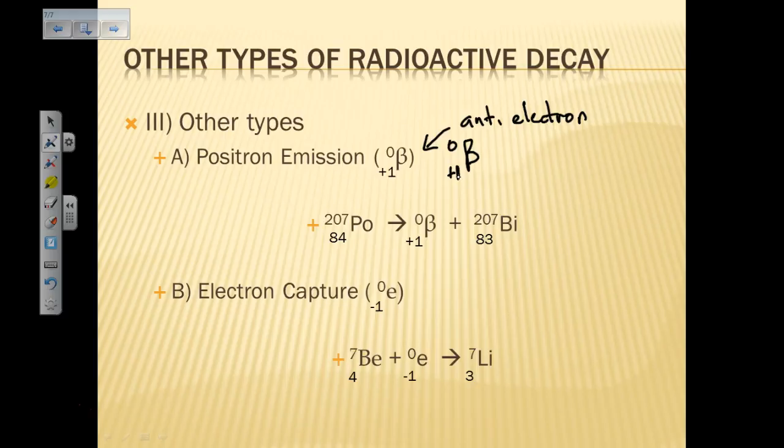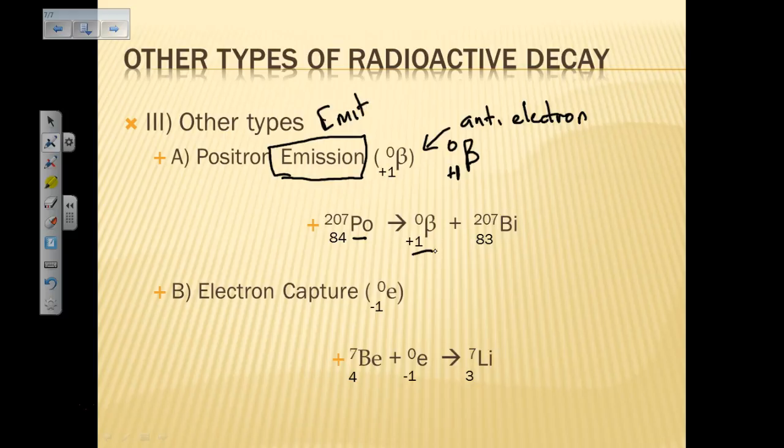Here we have an example of polonium that is emitting a positron. Now, this word, emission, tells us which side of the reaction the positron is found in. In this case, it's found on the product side because the reaction is emitting a positron.